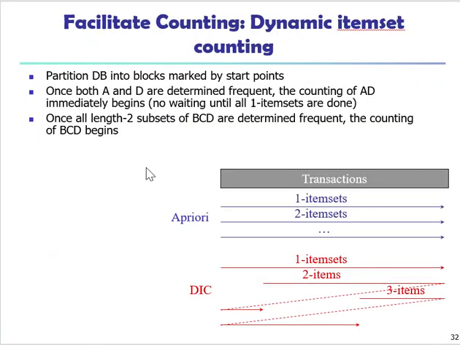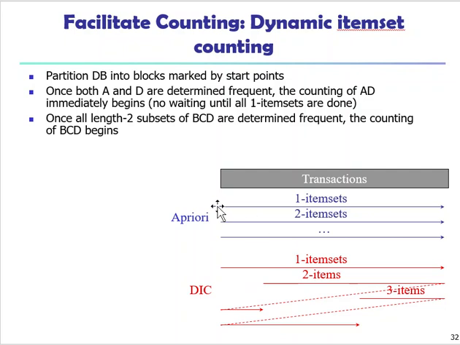So the last idea that we want to introduce is to facilitate counting. This method is called dynamic item set counting. The idea is that while the database is being scanned, let's do multiple things at once.